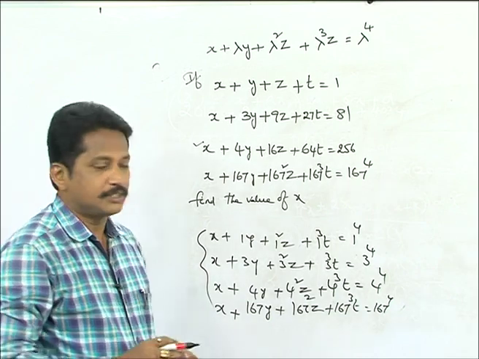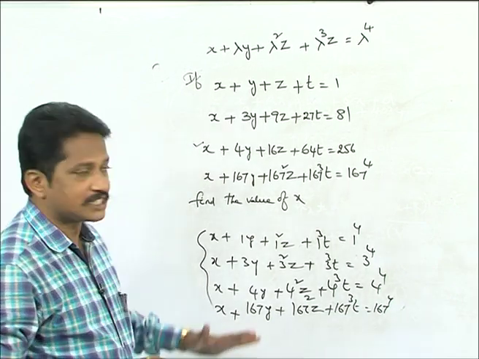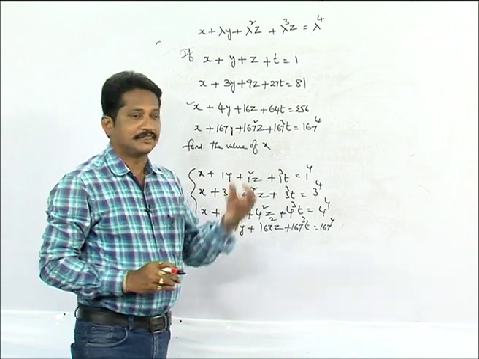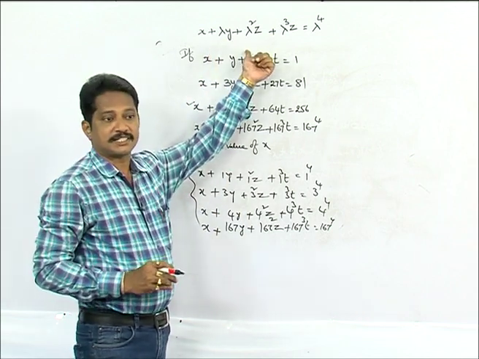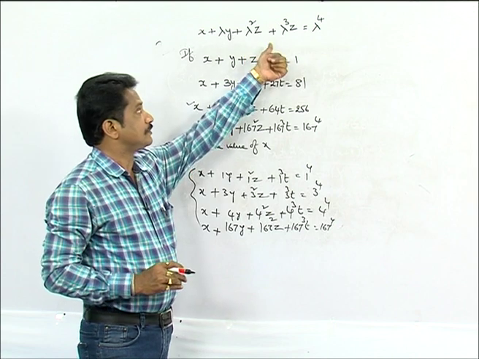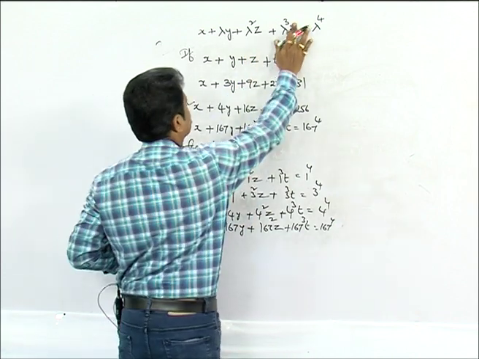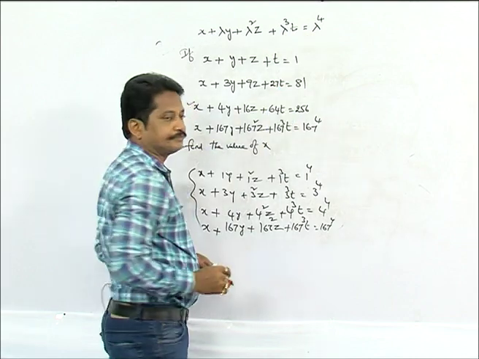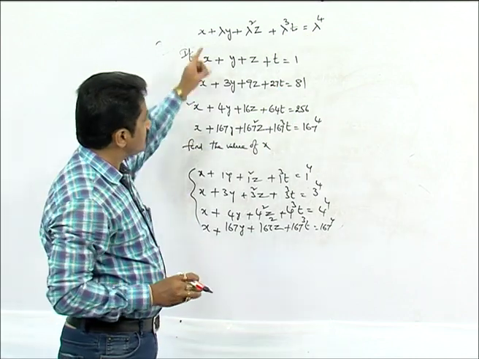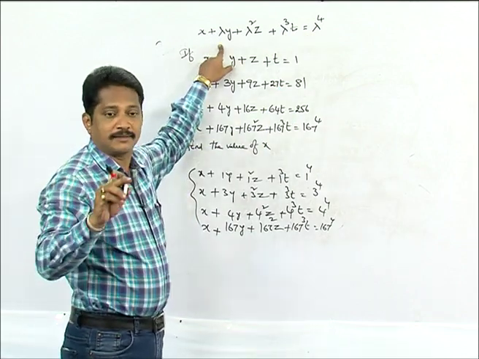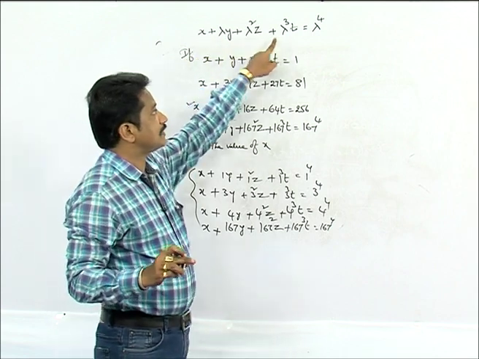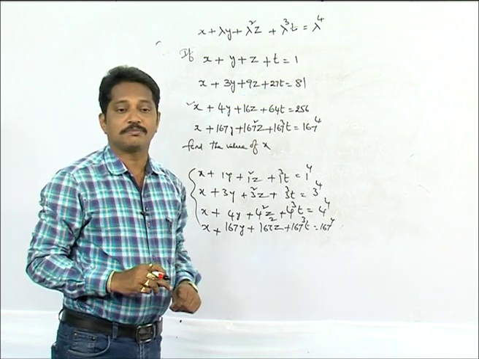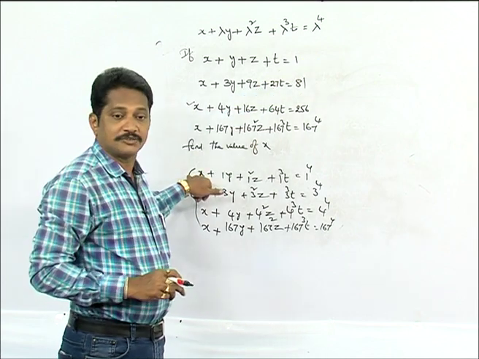Is it clear? So, the total 4 equations will be generalized as x plus lambda y plus lambda square z plus lambda cube t equal to lambda to the power of 4. When you substitute lambda equal to 1, x plus 1y plus 1 square z plus 1 cube t is equal to 1 to the power of 4, you will get the first equation.